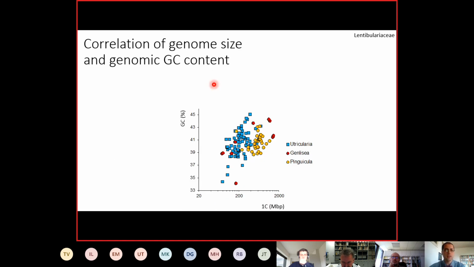Comparing the genome size and the GC content shows us that there is a clear positive correlation between these two parameters, but also the variation of the GC content is quite interesting because it's almost 11% and it covers the majority of the GC content variation in all flowering plants. This is probably the largest GC content variability in a single family.